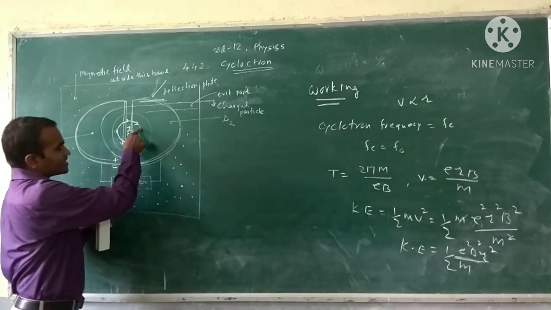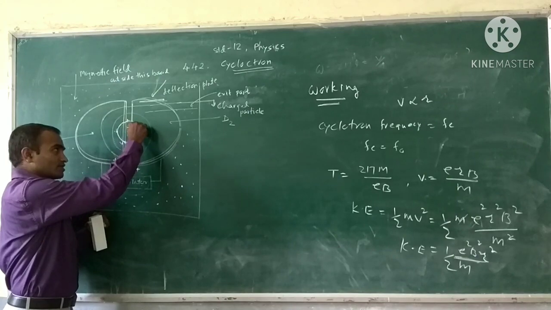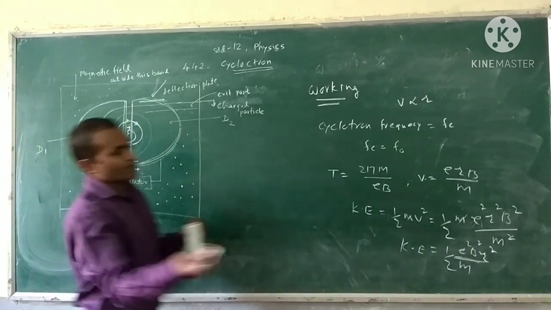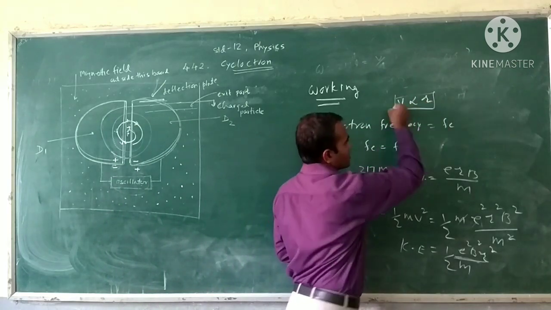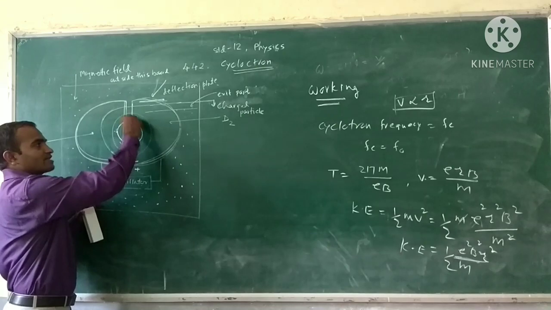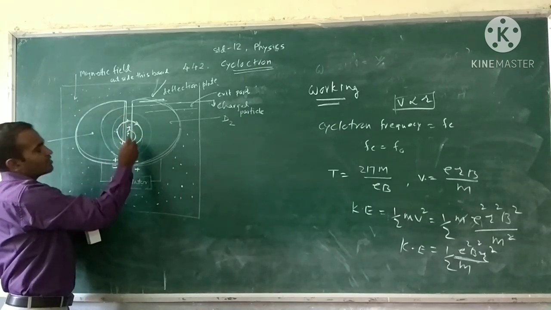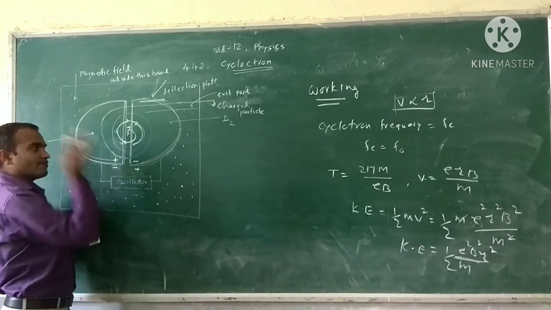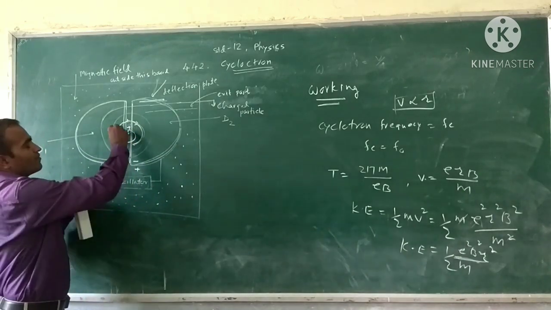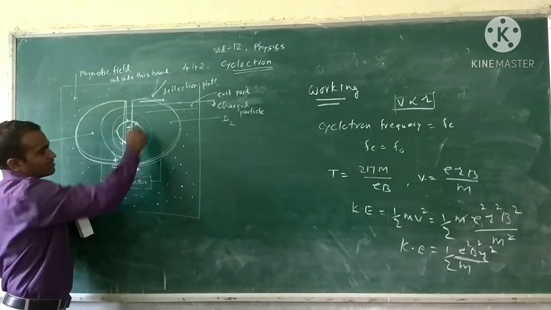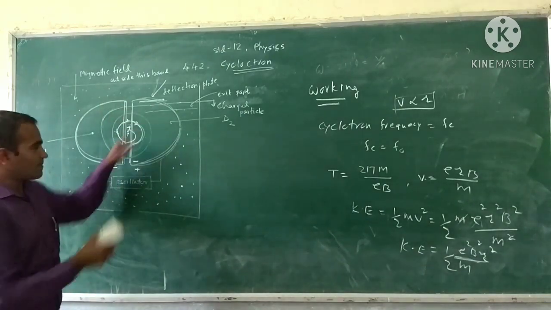So here velocity is increased, so the radius will also increase. If velocity increases, we have already proved v is proportional to r. So here its velocity will be high, and the radius in the other disk will be increased more than before.